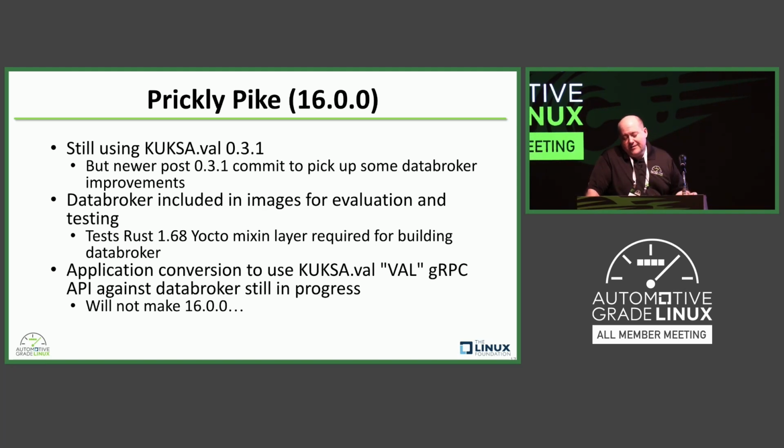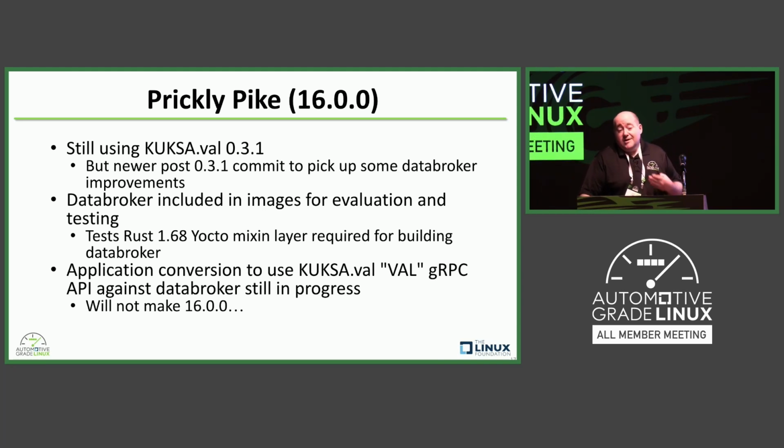But we have a benefit: if the data broker is in the image, it's testing the Rust mixin layer that makes sure we can build Rust 1.68 binaries across all our test platforms, something we hadn't tried to do before.